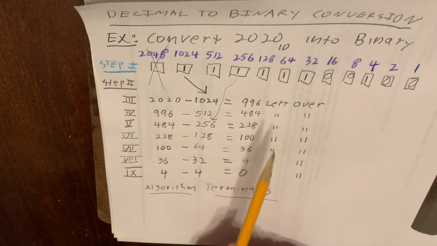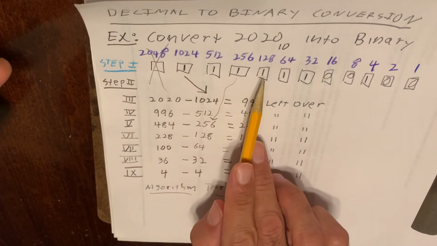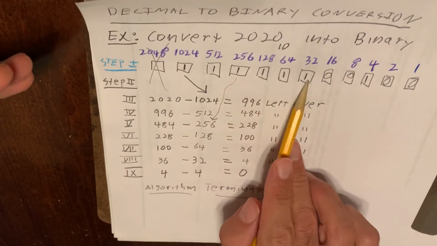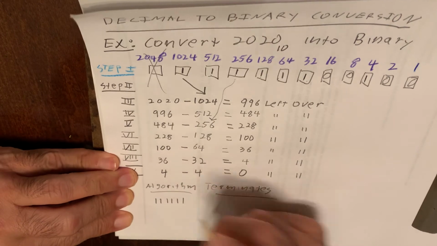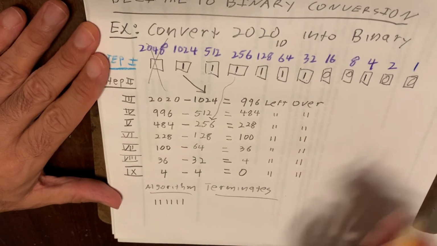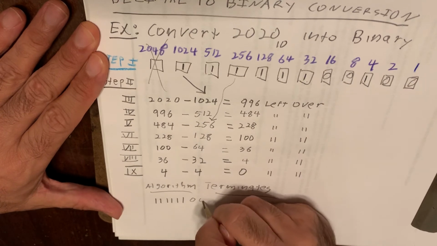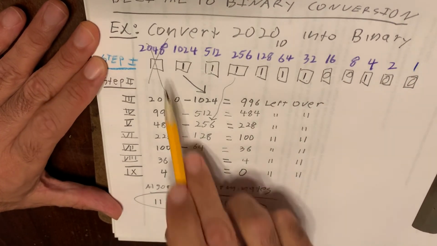So your final answer is 1, 1, 1, 1, 1, 0, 0, 1, 0, 0, 0, 0, 1, 0, 0. So this is your final answer.